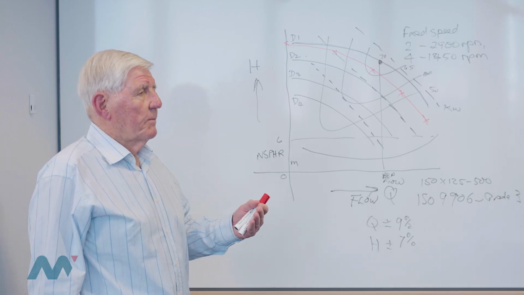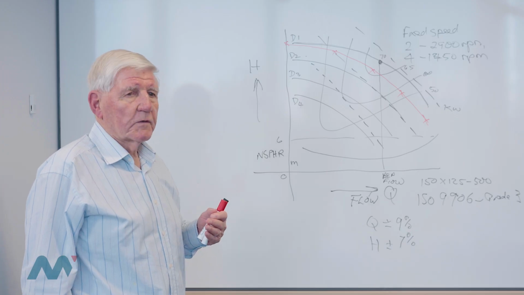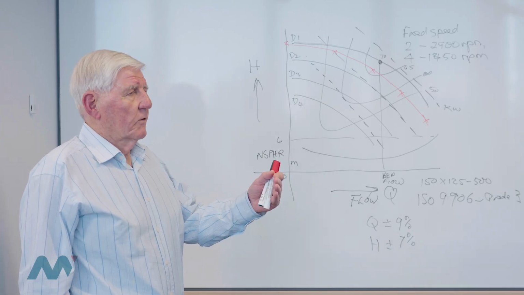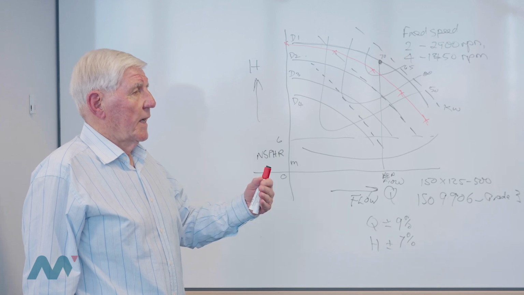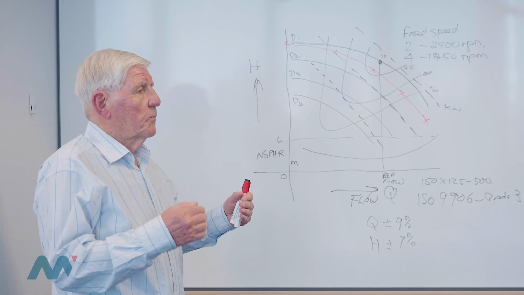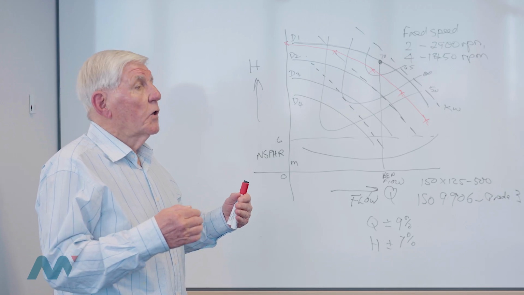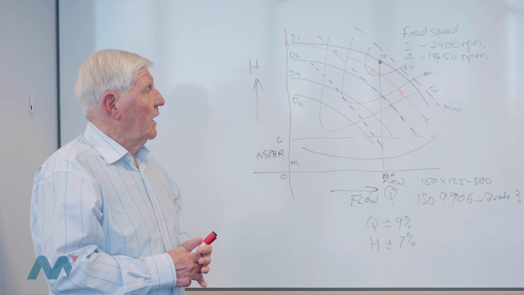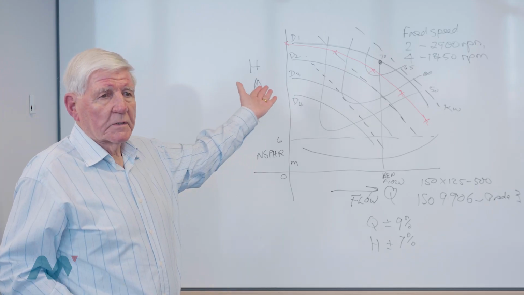So through a pipe, let's say the pipe is 150 millimeter diameter, if you push 50 litres a second through it, you've got a particular velocity head. If you put a higher flow through it, you put 70 litres a second through it, you'll get a higher velocity head. And those factors are not shown on the pump performance curve.